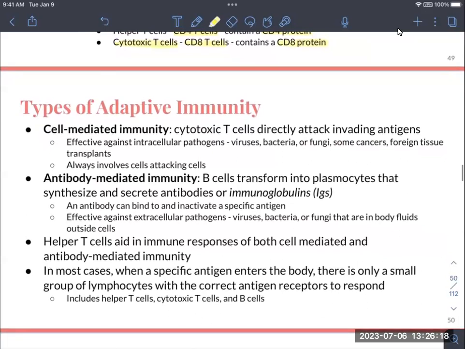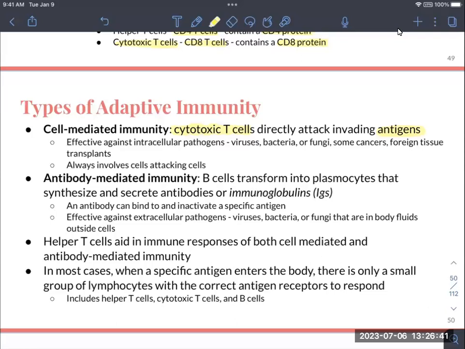So our cell-mediated immunity: we have those cytotoxic T cells, and they're going to attack any invading antigens. So anything that comes in that doesn't fit on that antigen receptor, they're going to attack.